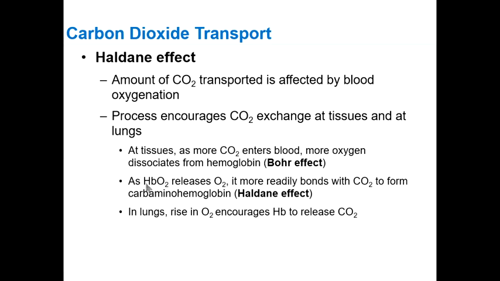As hemoglobin bound to oxygen releases the oxygen, it readily binds to carbon dioxide, and there's our carbon dioxide hemoglobin complex, carbaminohemoglobin. That's the Haldane effect. So in the lungs, rise in oxygen encourages hemoglobin to release carbon dioxide. So the opposite at the lungs and at the tissue, of course, because we need the opposite exchange of gases.